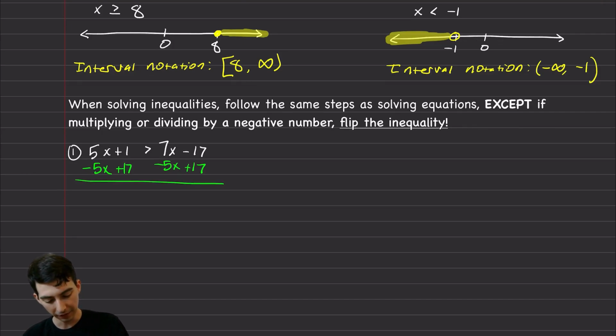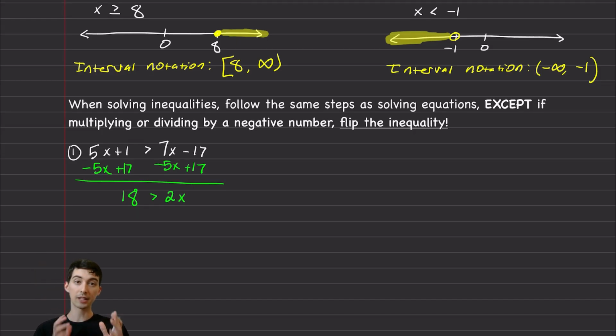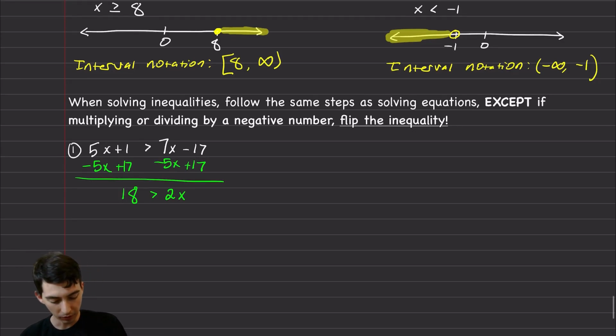Now these 5x's cancel, and I'm left with 17 plus 1, which gives me 18, is greater than 7x minus 5x, which leaves me with 2x. Now to get x by itself, I'm just going to divide both sides by 2. Then those 2's cancel, and I get x.